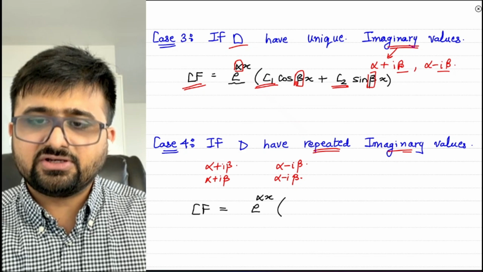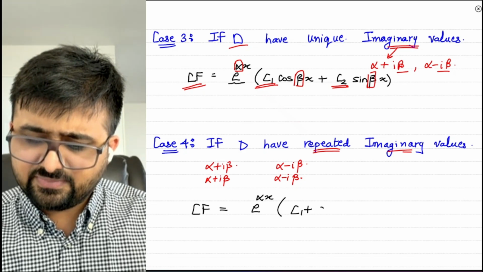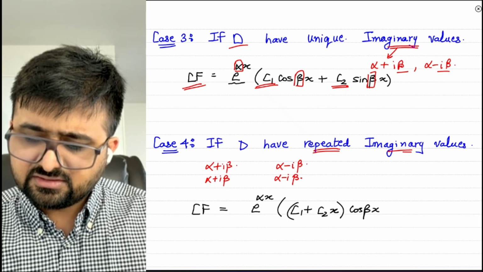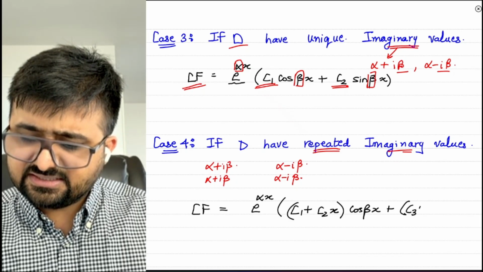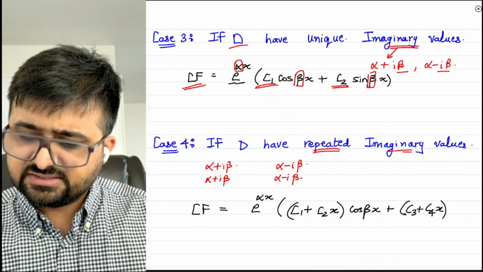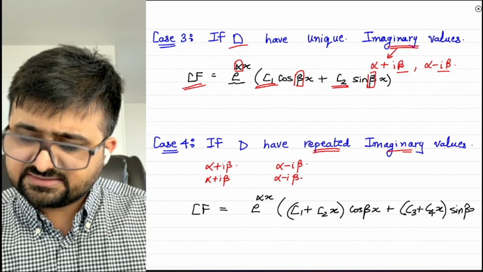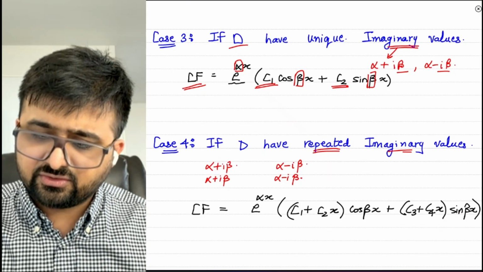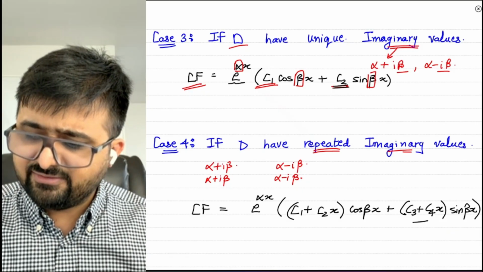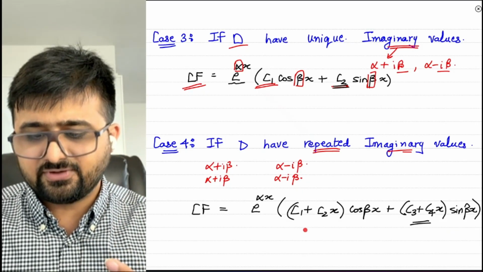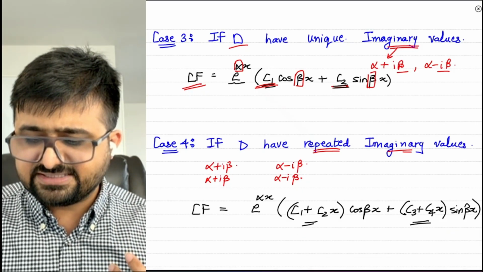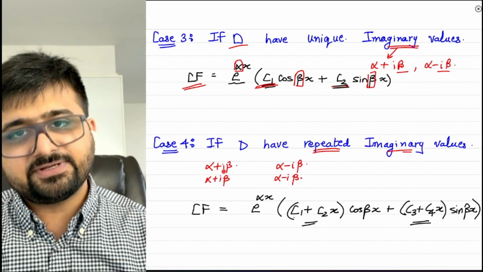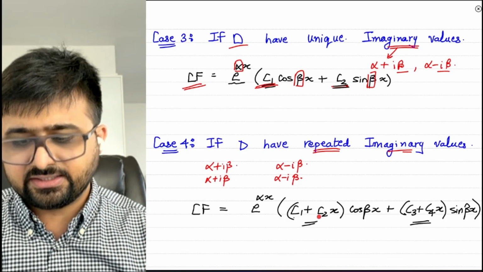Instead of writing C1 cos beta x, I will write (C1 plus C2x) cos beta x plus (C3 plus C4x) sine beta x. That's how the complementary function will look. Instead of writing C2, I will write C3 plus C4x, a linear function. Instead of writing C1, I will write C1 plus C2x, a linear function. If these had repeated three times, I would have written a quadratic expression here.